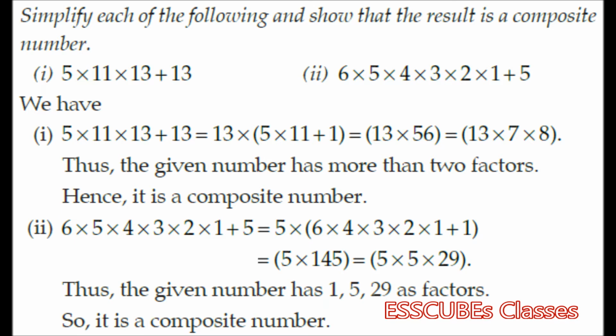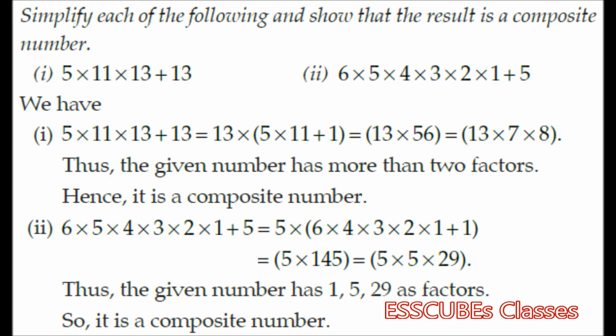Let us simplify each of the following and show that the result is a composite number. We are given the first question as 5 into 11 into 13 plus 13. If you check this question, 13 appears as a common term.